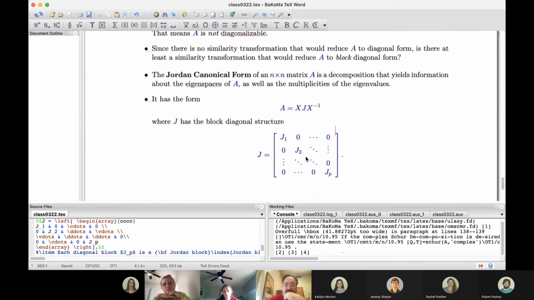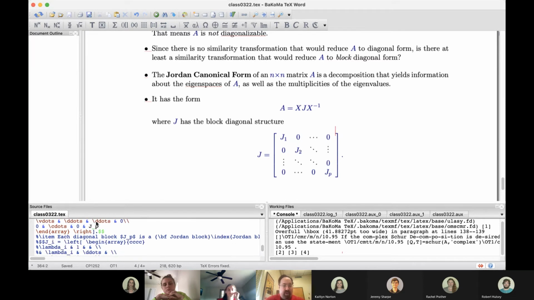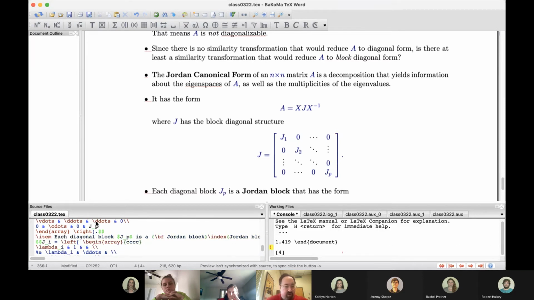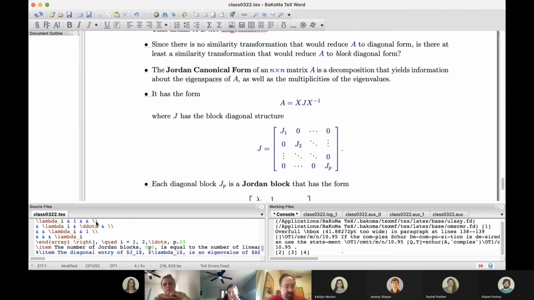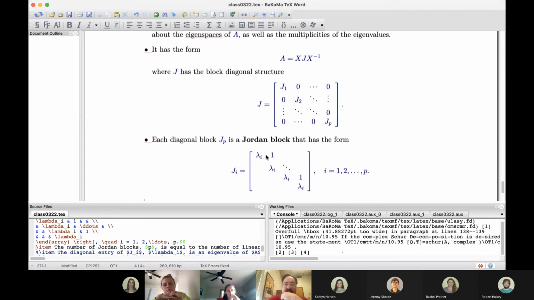This is what's called the Jordan form of A. Each diagonal block, called a Jordan block, looks like this. It has some eigenvalue of A on the diagonal, and then all ones on the first superdiagonal, so ones right above the eigenvalue, everything else 0.